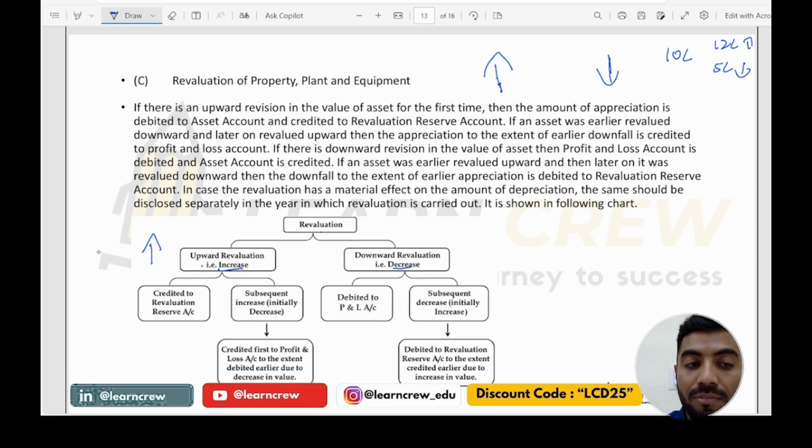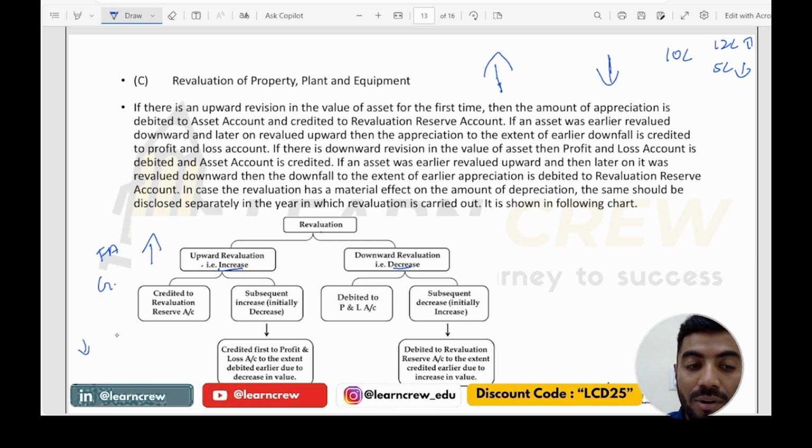So basically, debit FA and credit the revaluation reserve account. Then there's another category here, which is the subsequent increase. So initially it was decreased.